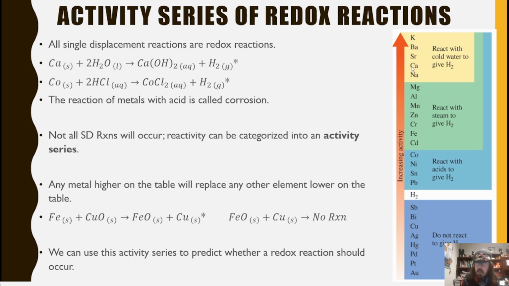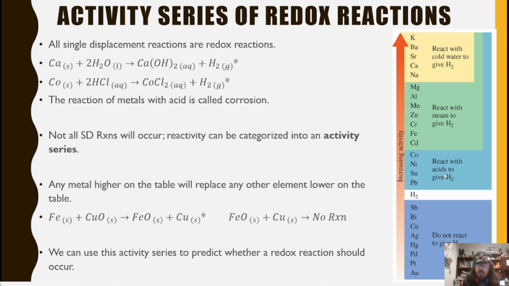So if you're given a chart like this, you can predict reactivity based on where things are. For example, these guys are highly reactive. Cold water, so water without energy added into it, will spontaneously react to give H2. Now, these guys will not react with cold water, but if you shoot steam at them, they're reactive enough to produce hydrogen gas.